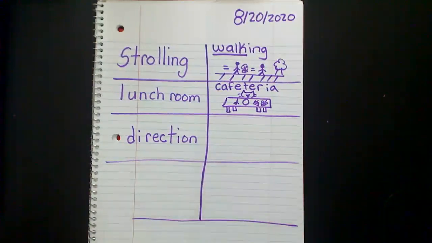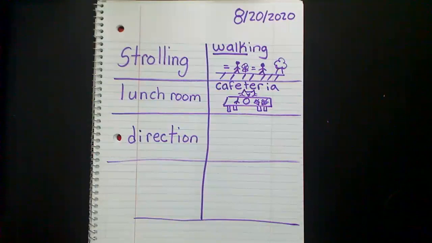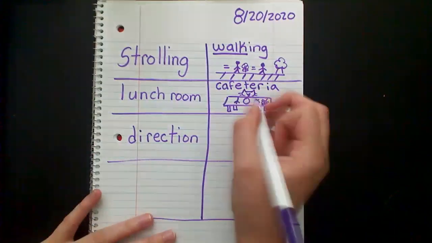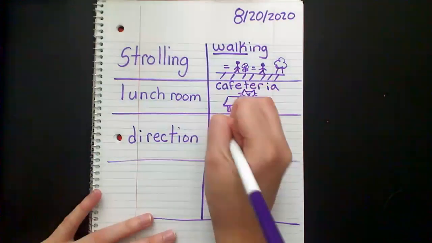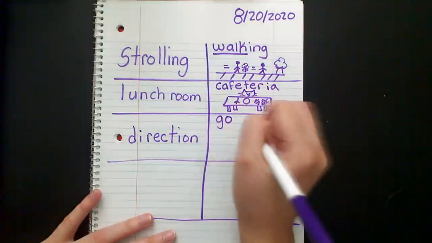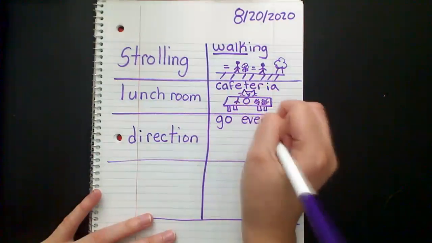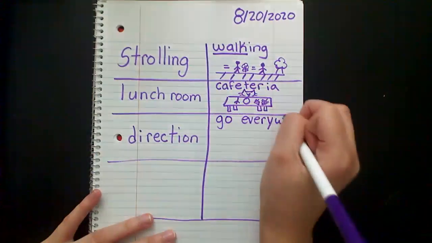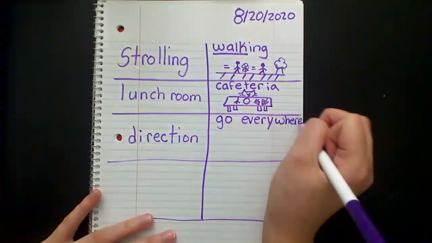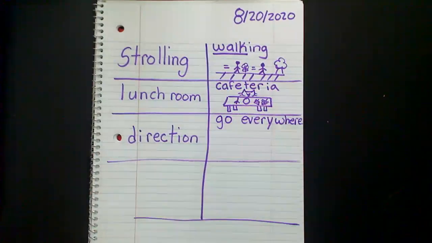But there were a lot of great suggestions. So direction means to go in multiple places, go in multiple areas. So we came up with go everywhere. Go everywhere. That's what we came up with.